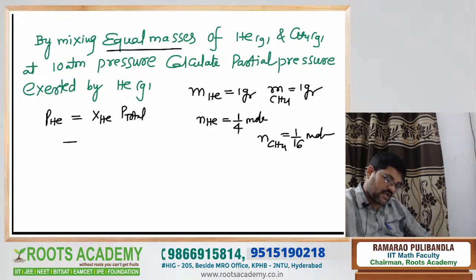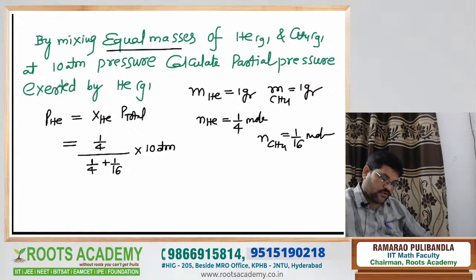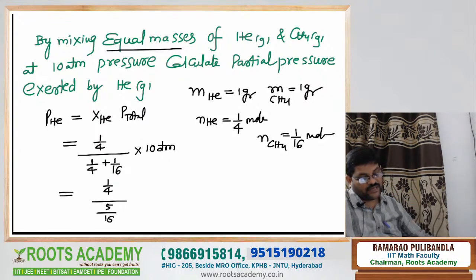Now, based on that, 1 by 4 moles by 1 by 4 plus 1 by 16, into total pressure, which is 10 atmospheres. So from that, what do you write? Here 16 is the common factor, you get 5 by 16, because the LCM is 16.